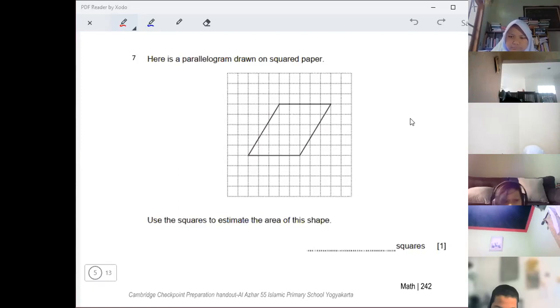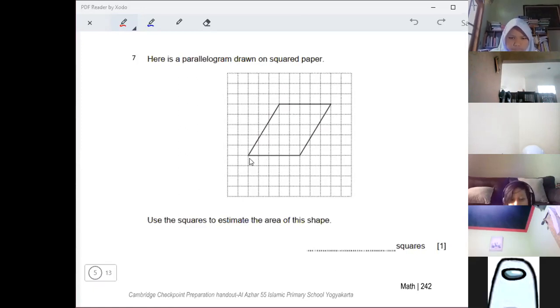Oh, nomor 7 belum dikerjain. Okay, how do we do this, class? How do we estimate this one? Actually, there is a fast way: the full squares first, Miss. Okay, kita cari yang full kotaknya ya. 1, 2, 3, 4, 5, 6, 7, 8, 9, 10, 11, 12, 13, 14, 15, 16, 17, 18. The full ones are 18.